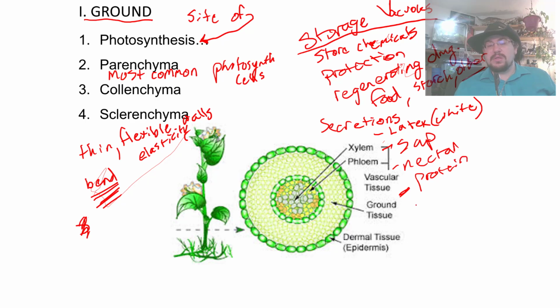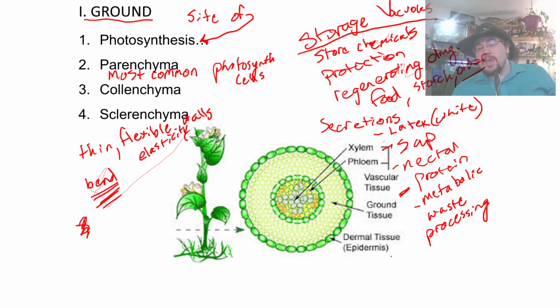Protein storage, metabolic waste processing. Oh my. So, sap, resin, two more examples of substances secreted by parenchyma.